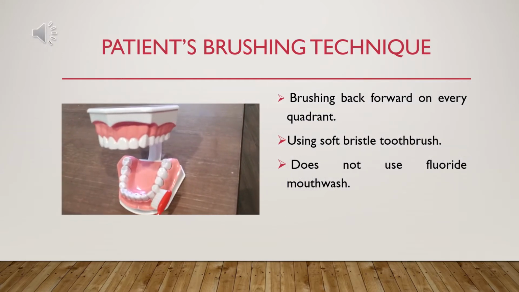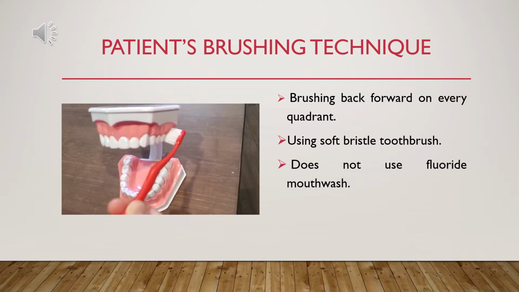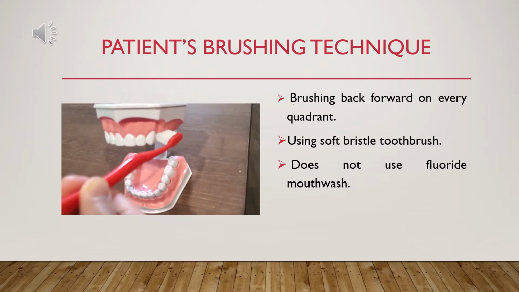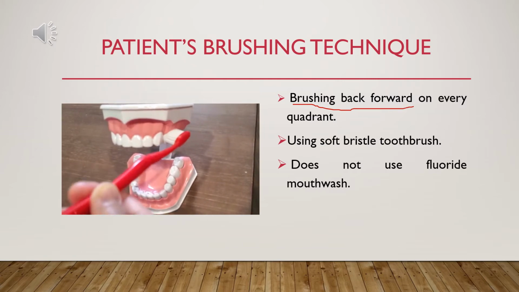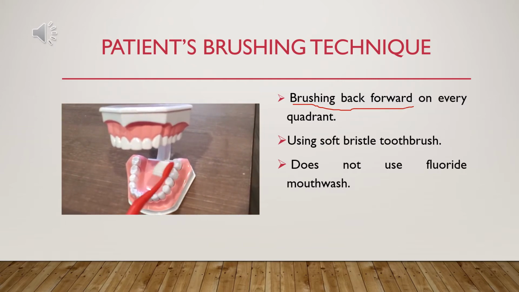In this video, the patient will demonstrate how to brush and floss and use other oral care techniques at home. The patient brushes backward on every quadrant, and uses a soft bristle toothbrush, but she doesn't use fluoride mouthwash.